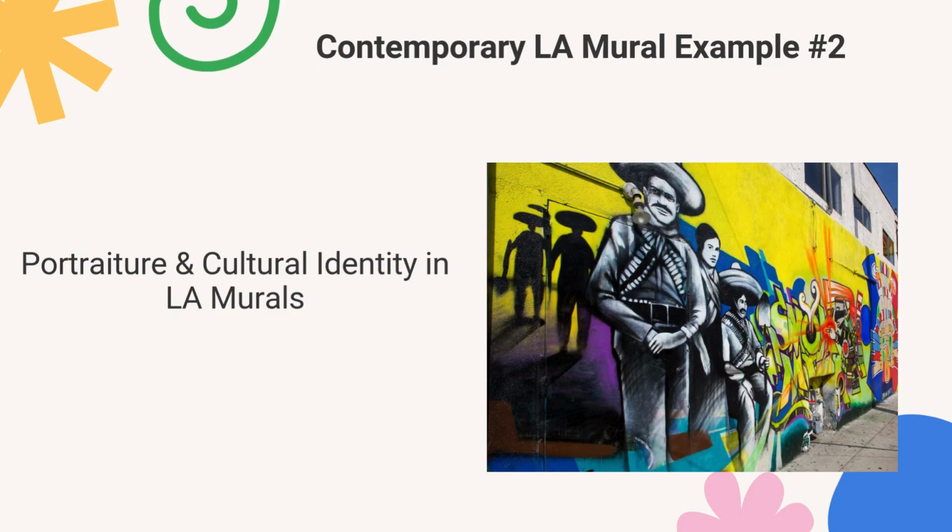Another major connection between colonial art and Los Angeles muralism is the use of portraiture. Many LA murals depict families, workers, youth, and community figures in ways that parallel the structured compositions of colonial paintings, but instead of displaying racial categories or hierarchies, these murals center dignity, empowerment, and everyday life.